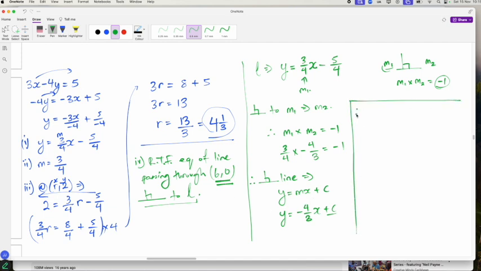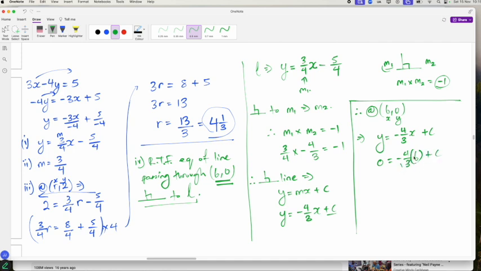So therefore, at the point (6, 0), remember this is our x value, this is our y value. So we have y is equal to -4 over 3x plus c. Y is 0 and x is 6. So that's -4 over 3 times 6 plus c.